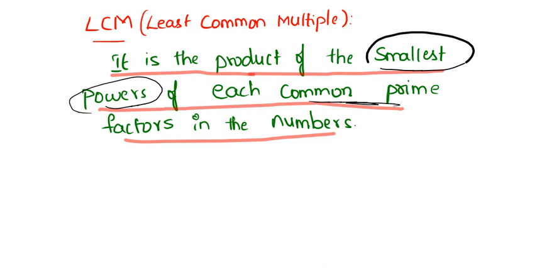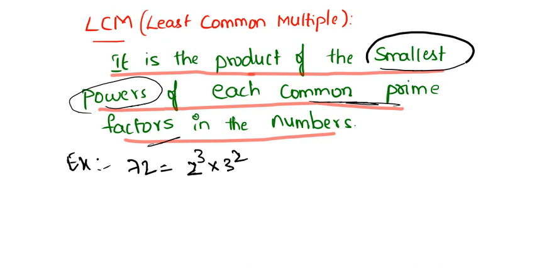Suppose in the previous example we write 72 as 2 power 3 into 3 power 2. If we take another number also, LCM is defined for two or more numbers.